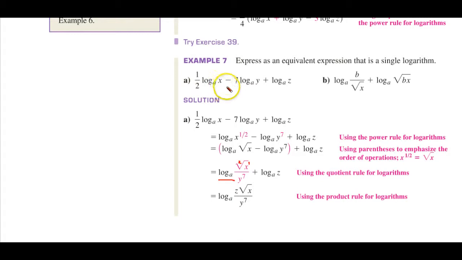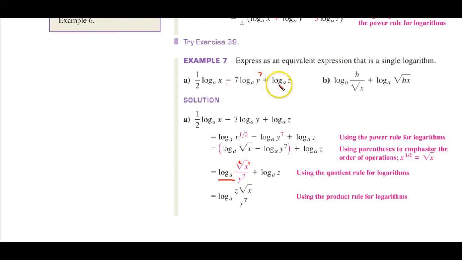Now, we then have a negative 7, the log of base A to the y. So we know that this is going to be in the denominator because it's negative, and it tells you that y is to the 7th power in the denominator. And then we still have this.